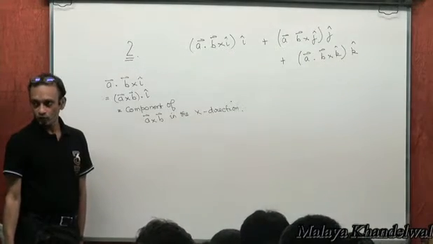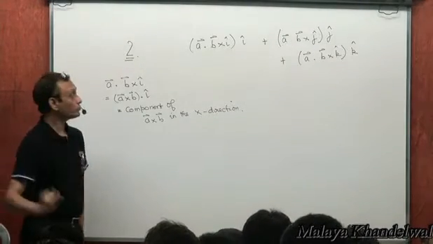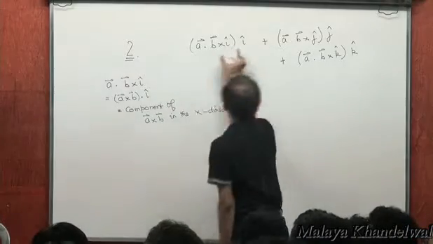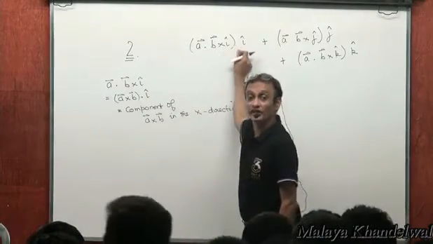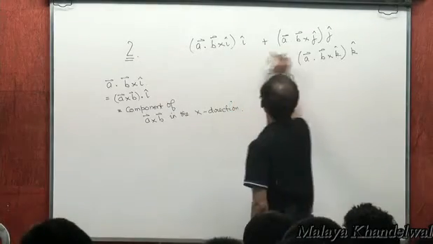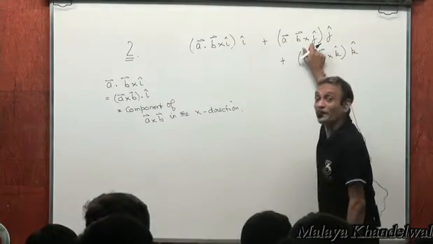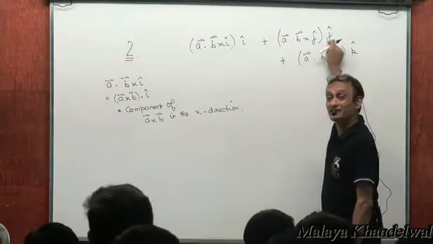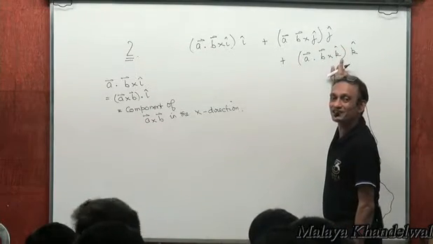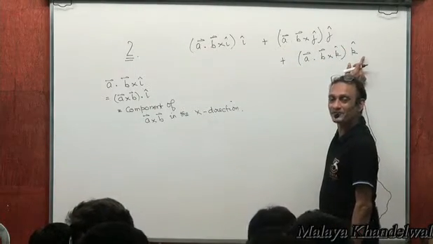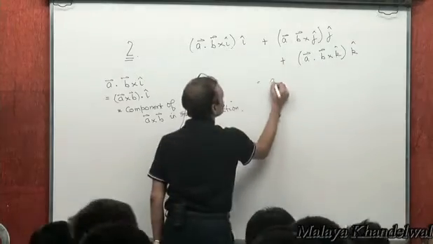So A dot B cross i, this part is the component of A cross B in the x direction, into i cap. Similarly, this will be the component of A cross B in the j direction, j cap. This will be the component of A cross B in the z direction, k cap. So that's simply going to be the vector A cross B, isn't it?